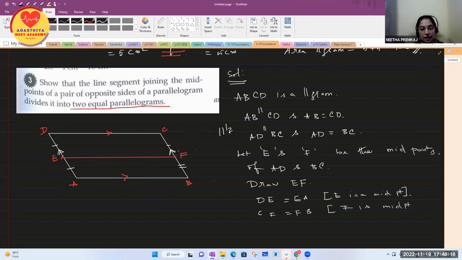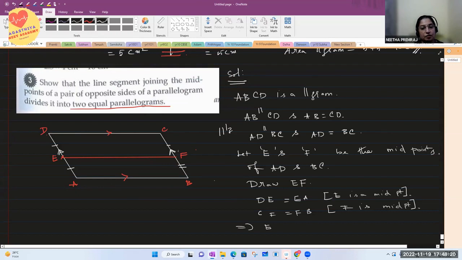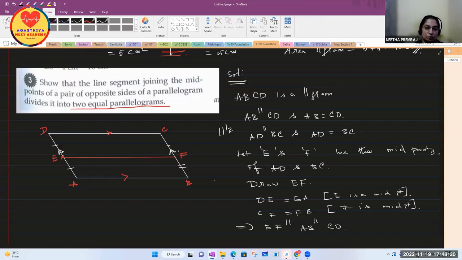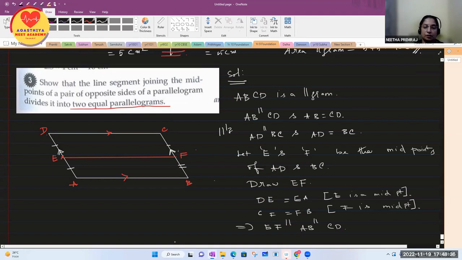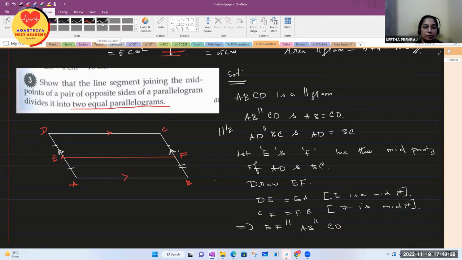So, which implies EF must be parallel to AB and parallel to CD. So, see, the line joining midpoints must be parallel. Otherwise, you can draw the diagonal. You can prove it the other way also.